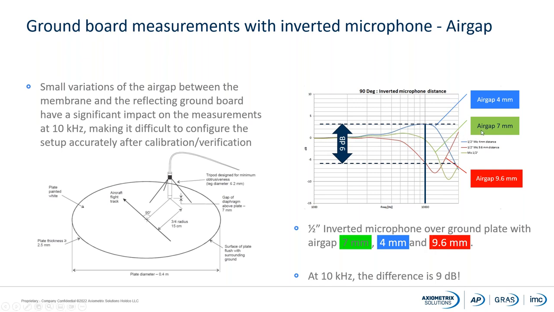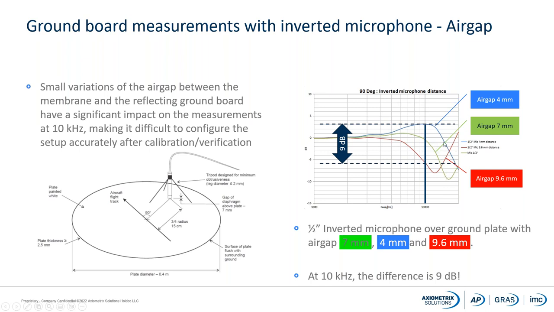The green curve is the standard prescription of 7 millimeter. You can see it is flat up to 1000 hertz, 5000 hertz, and then up to roughly 10 kilohertz, and then it drops off.